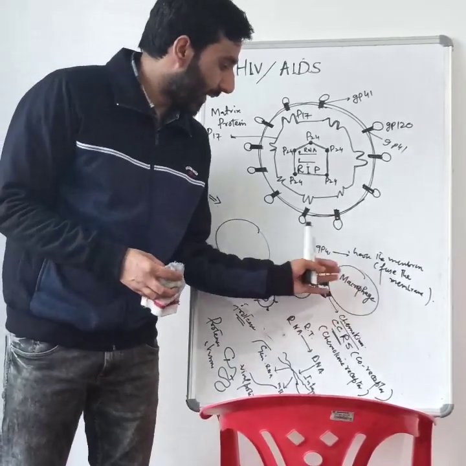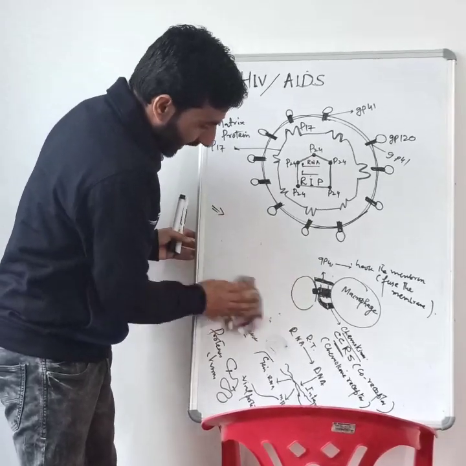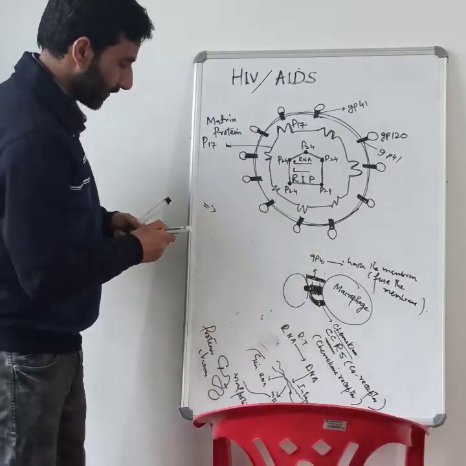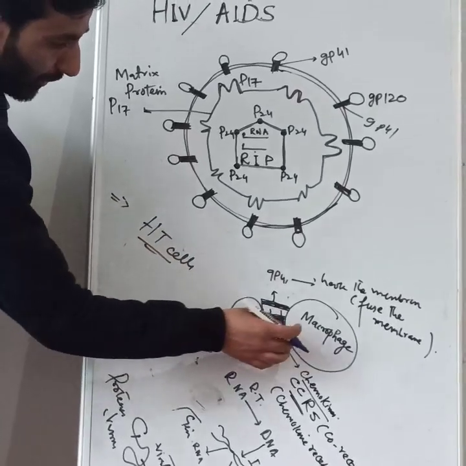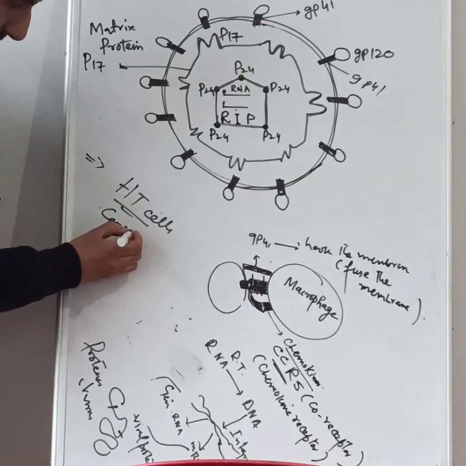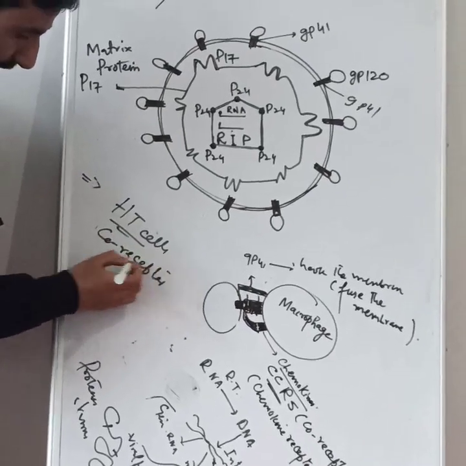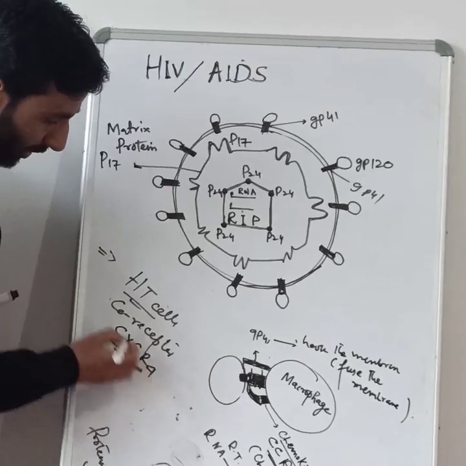Likewise, it then infects the helper T cells. The helper T cells have another co-receptor. As macrophages have CCR5, helper T cells have the co-receptor CXCR4. So this is very important again.